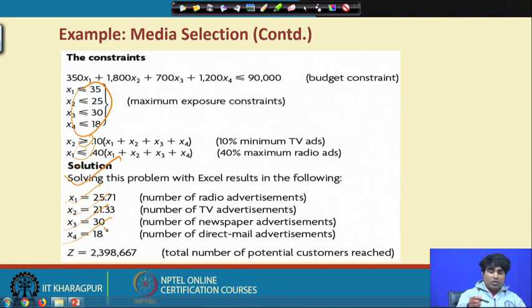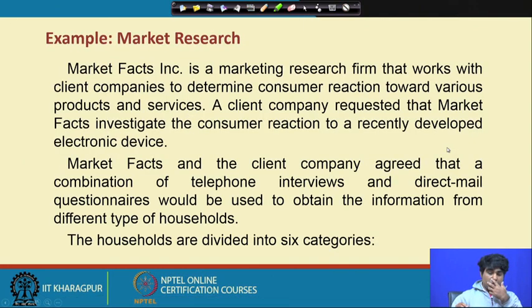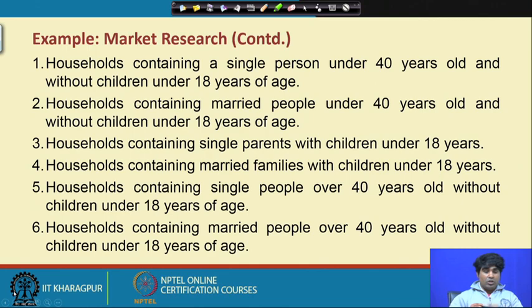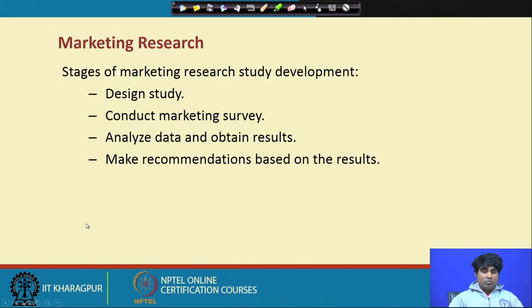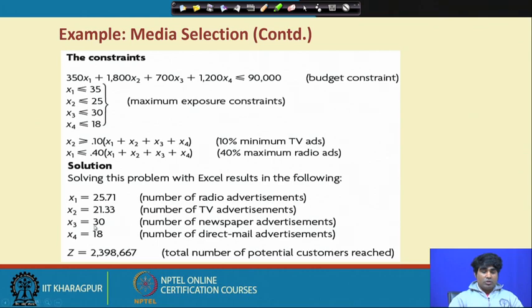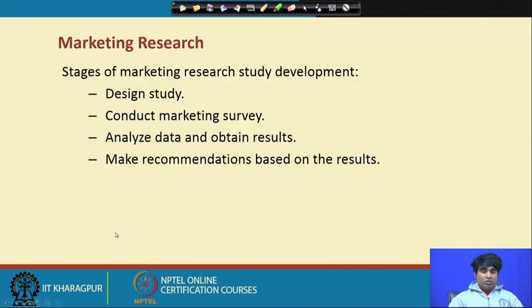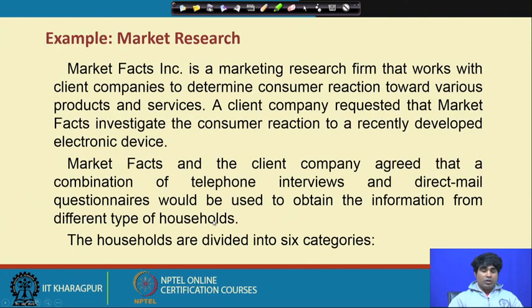So this is again the structure through which we are looking for the solutions and for the management decisions, and this is again a similar kind of problem in marketing research: design the study, conduct the marketing survey, analyze the data, and like that we have another interesting problem here.